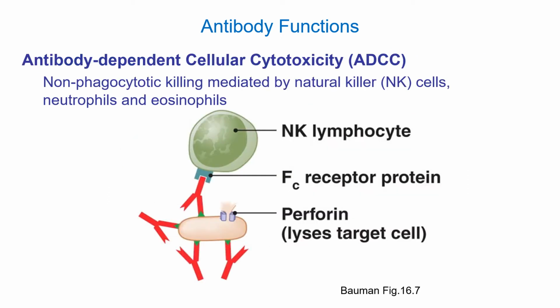Number 2, antibody-dependent cellular cytotoxicity. I called this before non-phagocytotic killing. We also call this cellular toxicity, so there's a few different names for this kind of thing. This, as I mentioned before, is kind of like the kiss of death. You can see NK means natural killer lymphocyte.